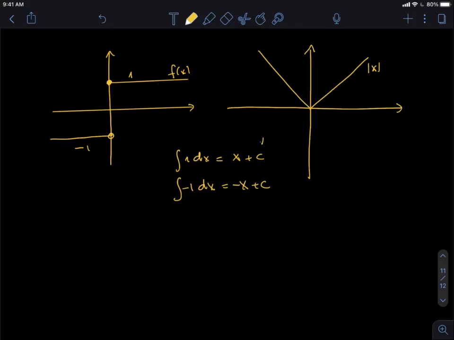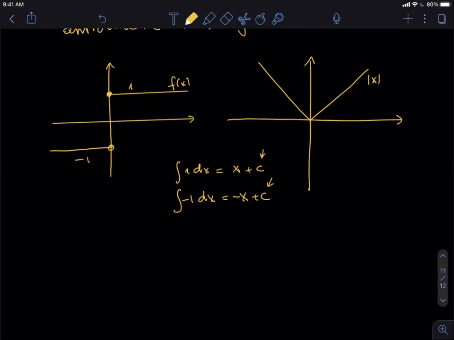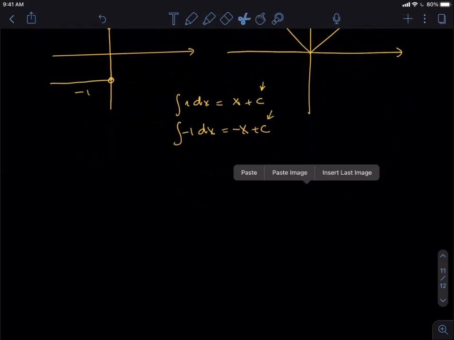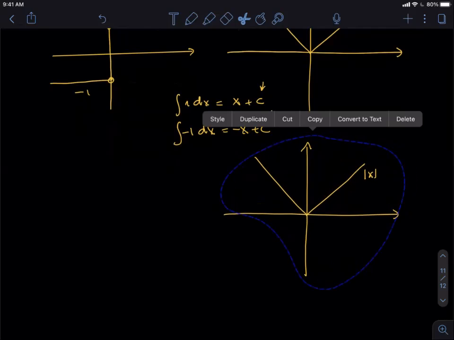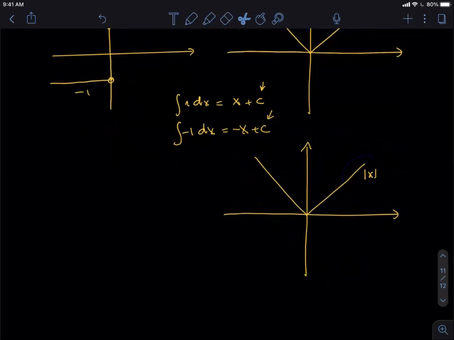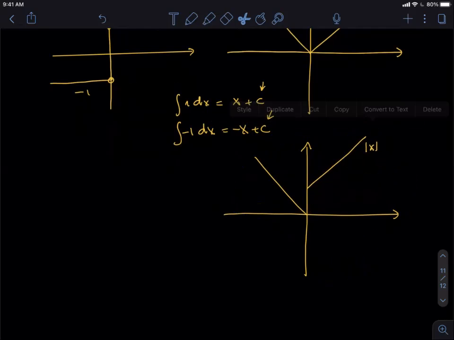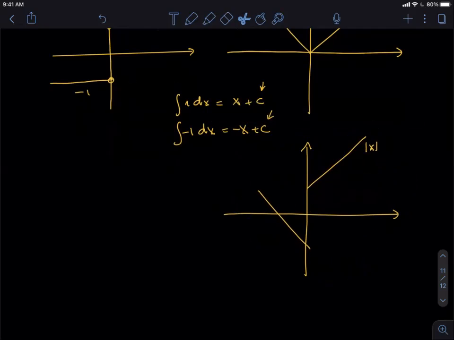So it's x on the right of 0 and -x on the left. But I'm saying it's one possibility because we could choose different values of the constant, right? So instead of this graph, another option would be just a vertical shift.